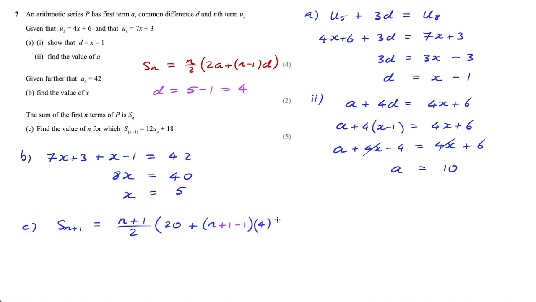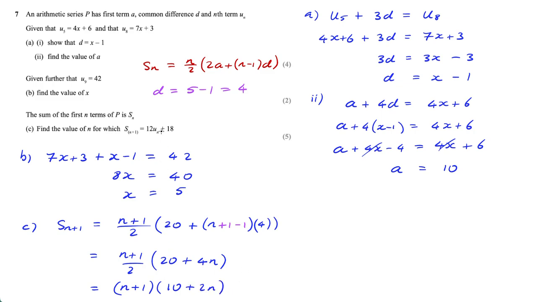I get n plus 1 over 2, and I have 20 plus 4n. I can go a little bit further, guys, and say this is equal to n plus 1 into, divide by 2, 10 plus 2n. Okay, let's leave that for now.